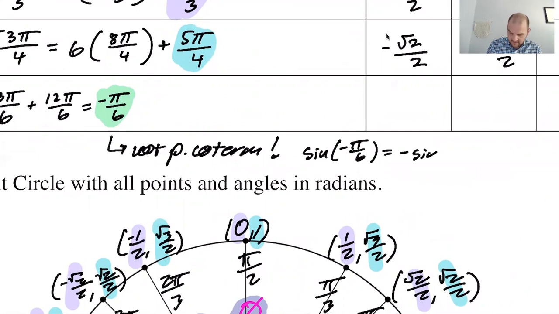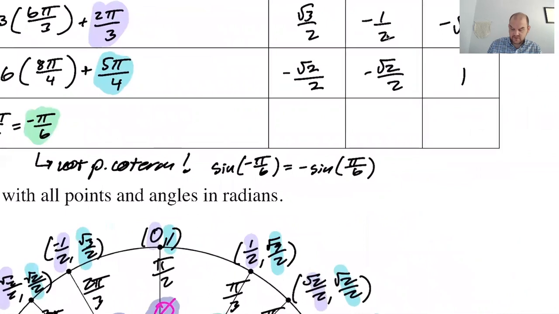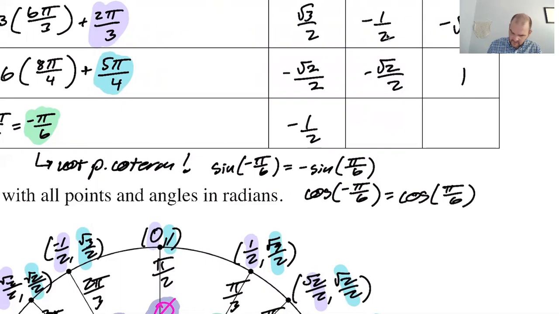So it's the negative of the sine of pi over 6. Just because I know that sine of pi over 6 is 1/2, this would be negative 1/2. I know that the cosine of negative pi over 6, because cosine is even, is equal to the cosine of pi over 6, which is going to be radical 3 over 2.